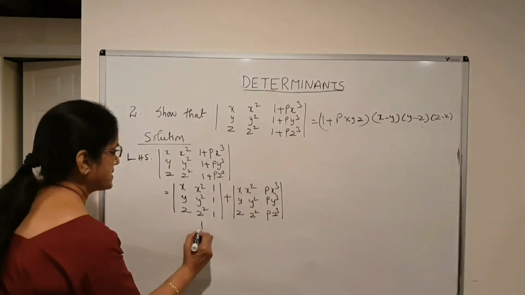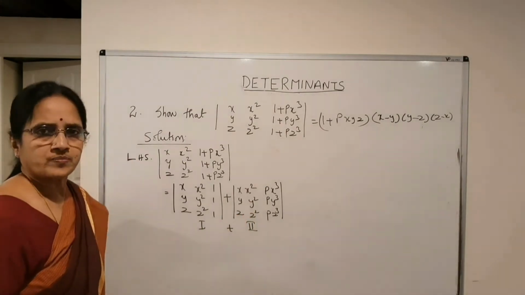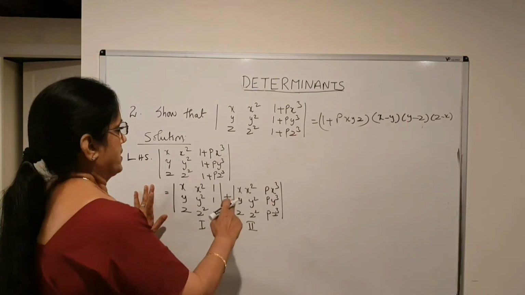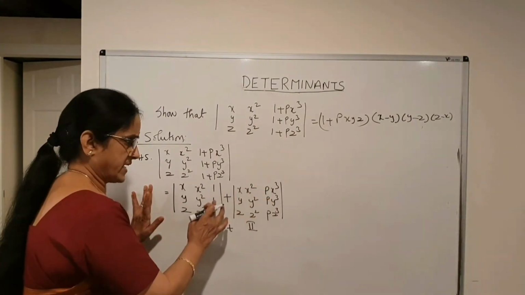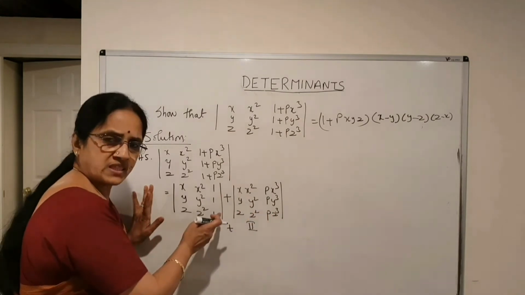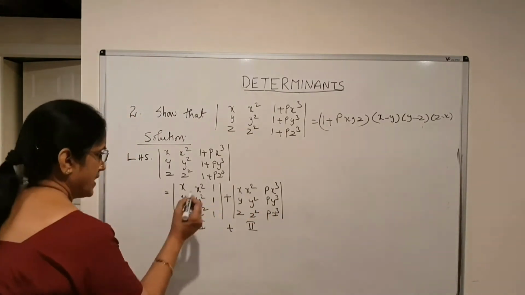Okay, let me name this as 1 and this determinant as 2. I am going to take out x from the first row, y from the second row and z from the third row in determinant 2. So what will happen? Let me write that now.